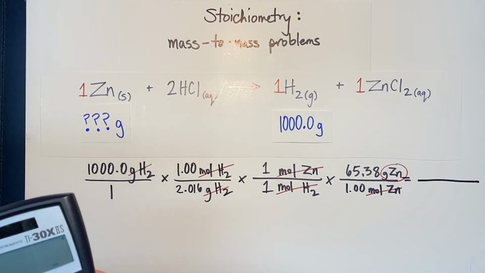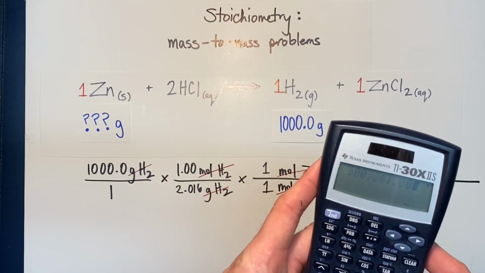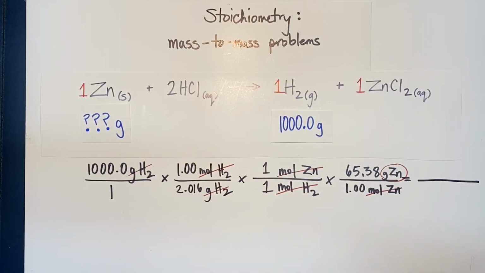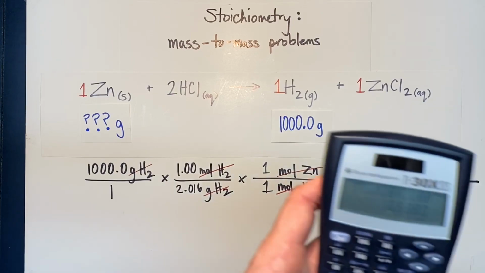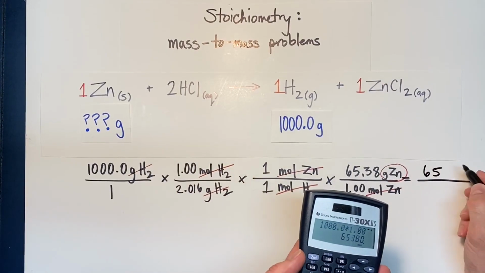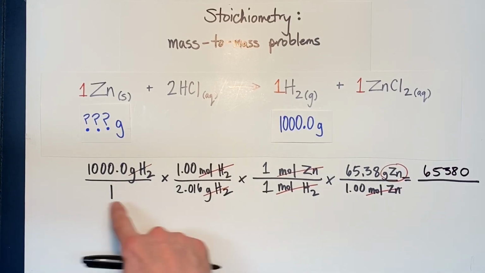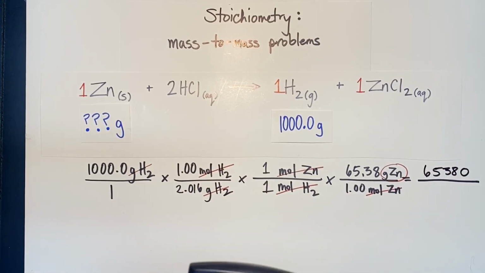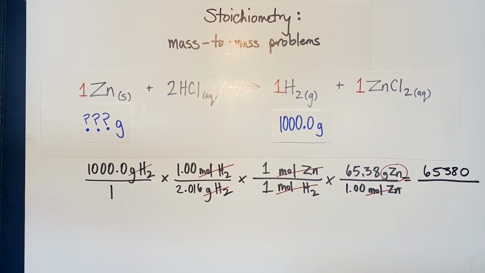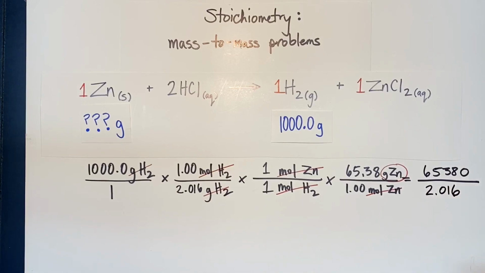So I do 1000.0 times 1.00 times 1 times 65.38, and I get the amount I'm going to write on top, 65380, and on bottom we multiply all of the bottom numbers together. 1 times 2.016 times 1 times 1.00, and that is 2.016.